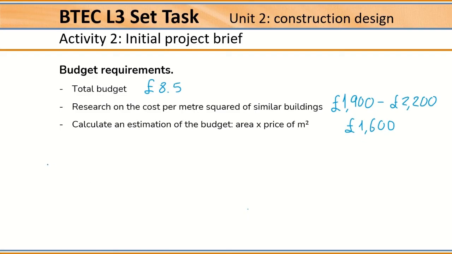In a previous question, I found out that the maximum area of the building, if it has 5 stories, is 5,100 meters squared. To calculate an estimation of the budget, I need to multiply the area by the price of meter squared.